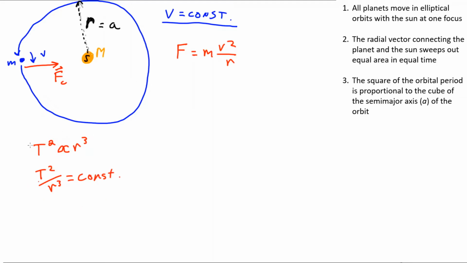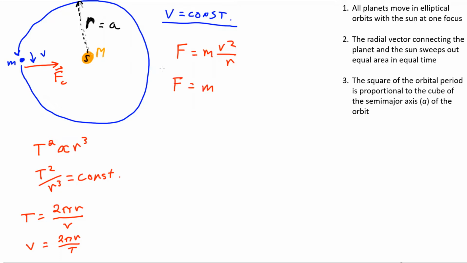Well, we can relate the orbital period T to the speed v of the planet. We know that the period T is going to equal the circumference of this orbit, 2 pi r, that's how far the planet has to go in order to complete one orbit, divided by the speed v. So that tells us that v equals 2 pi r over T. So we can write our force here.